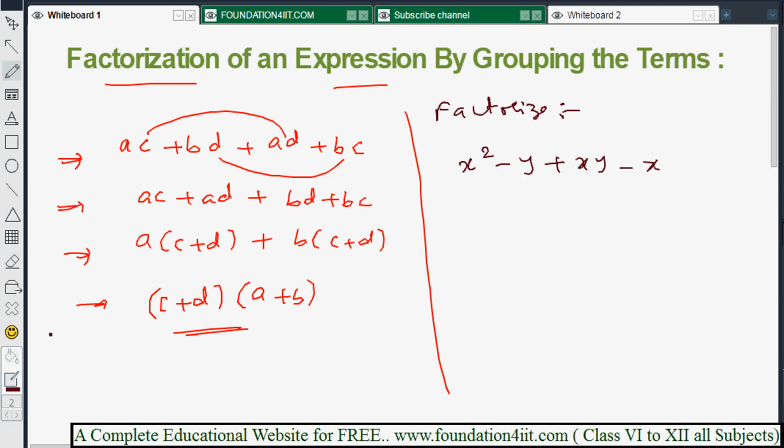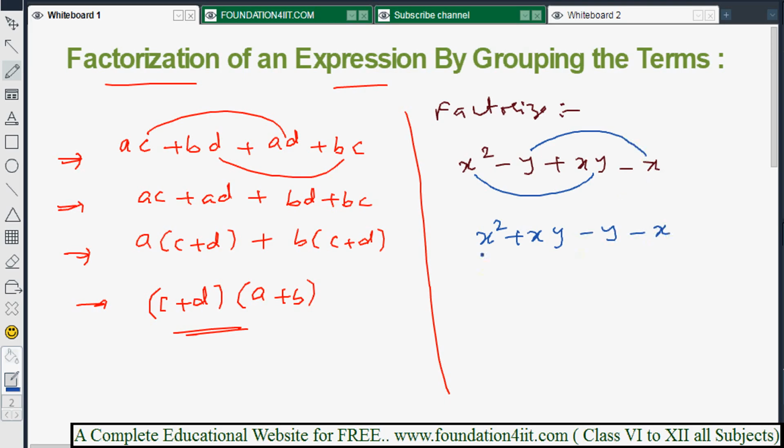So there is no separate HCF. So we need to take first and third terms, you write together. X square plus xy. Always first and third only is not possible. According to the given question, we need to try to change it. And second and fourth write together, minus y minus x.